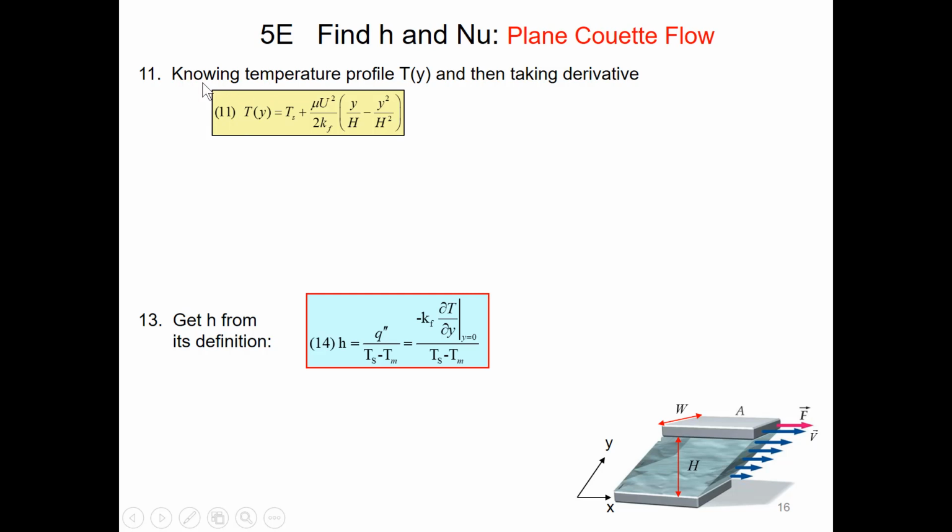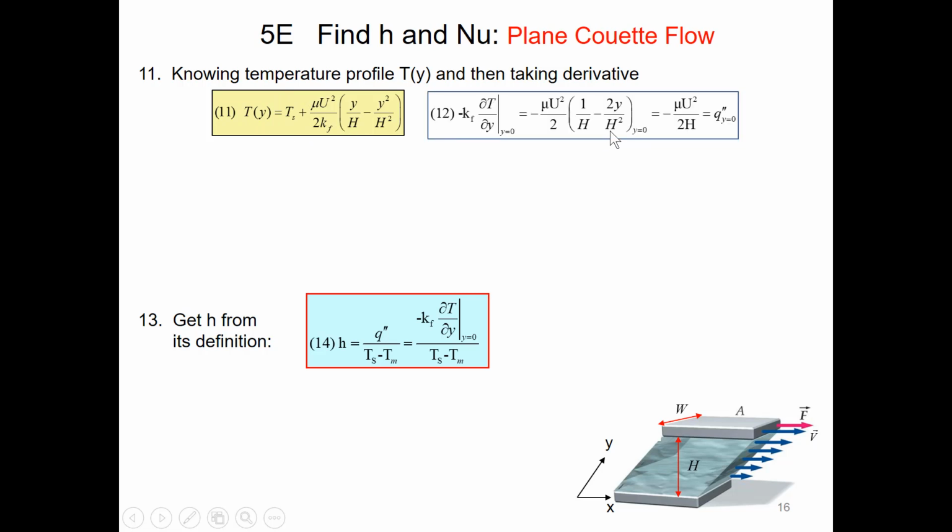Now we know the temperature profile. Our goal is to find the heat transfer coefficient. We need to obtain the derivative term and temperature difference term. First, we take a derivative over y on the temperature profile, and then force y equals 0 to get its expression.